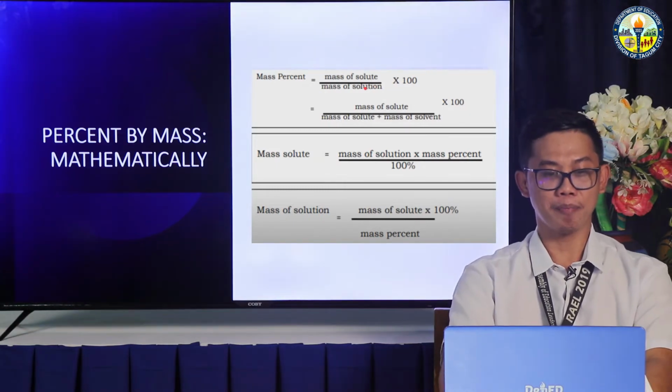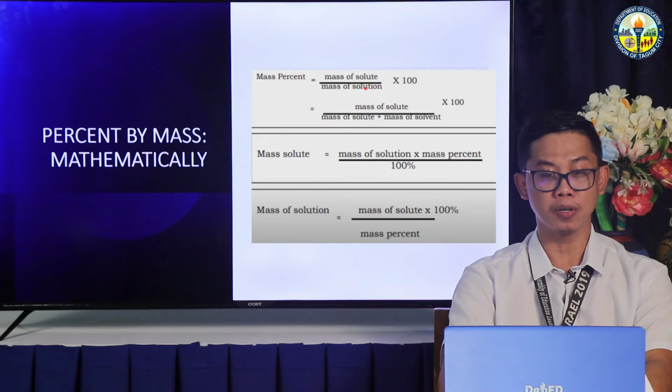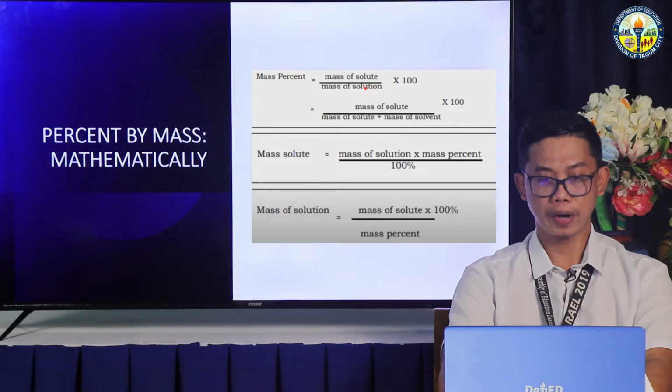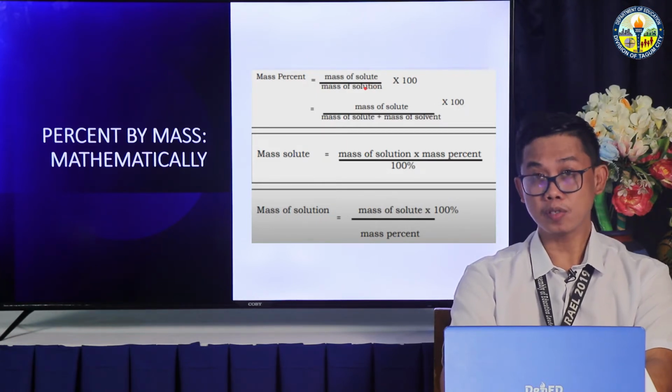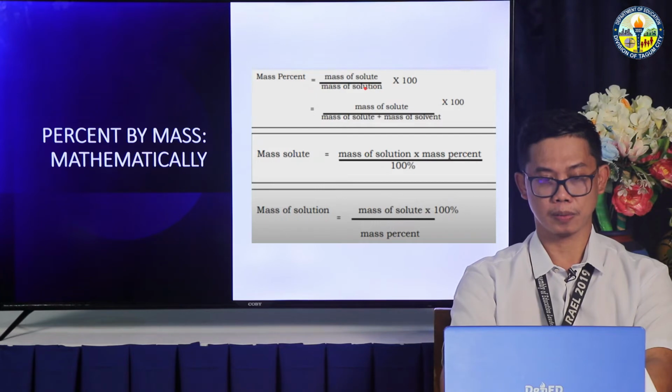How about if mass of solution and mass of solute was asked in a given problem? What are the appropriate unit or units? Grams. Very good. The units expressing our mass are either grams or kilograms.